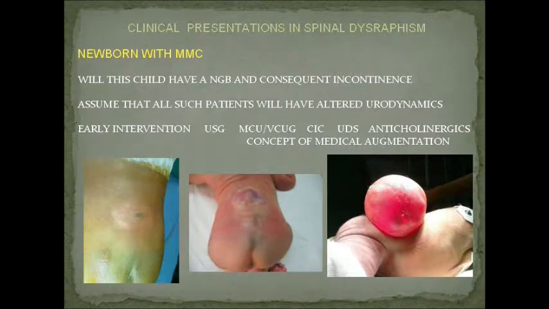It is now believed that it's good to assume that all these patients will have altered urodynamics now or later, and therefore early intervention is advised, in the form of investigations and medical management by way of anticholinergics or early institution of CIC.